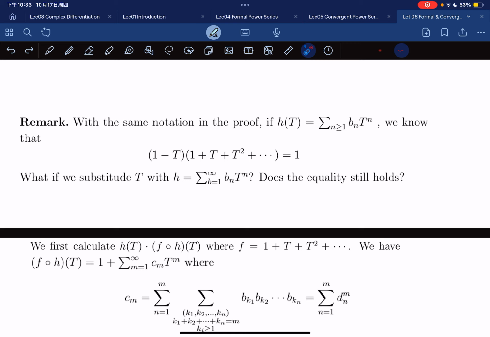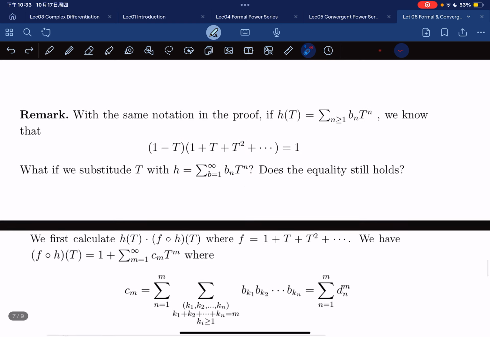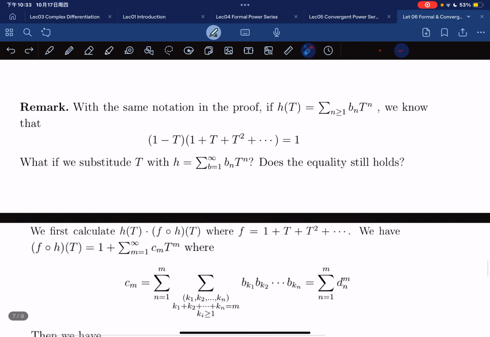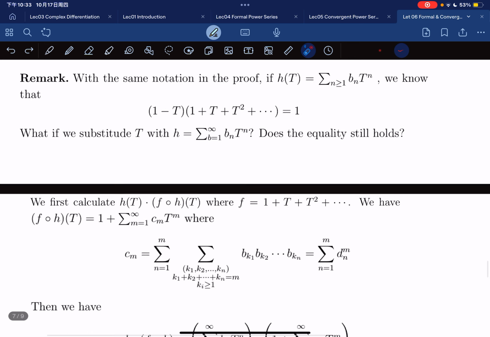Equal to 1. And what if we substitute t? Each t is a power series. Well, does the equality still hold? The answer is yes. Okay, so if you just want to know the answer, well, the answer is yes. But if you want to see the proof, here's the proof.